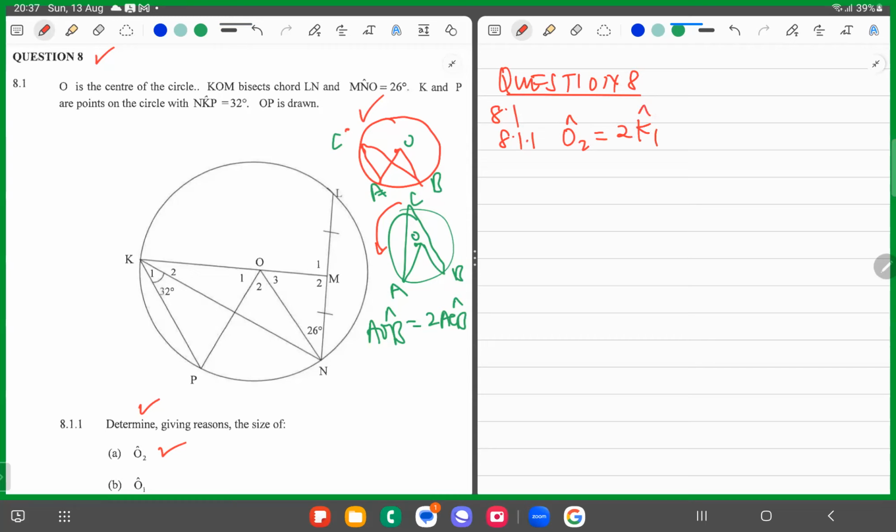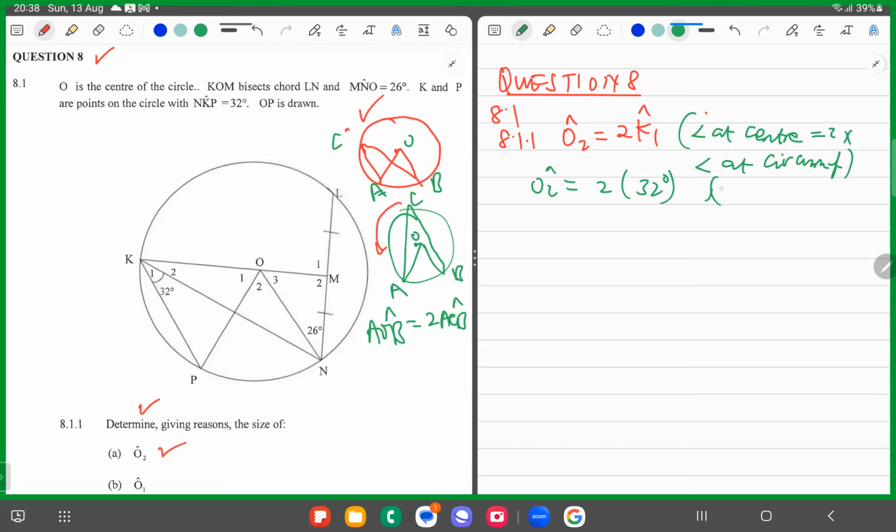The reason for this is that angle at center is equal to 2 times angle at circumference. Now angle O2 is twice K1, which is 32 degrees.